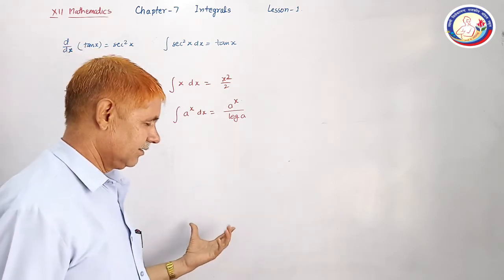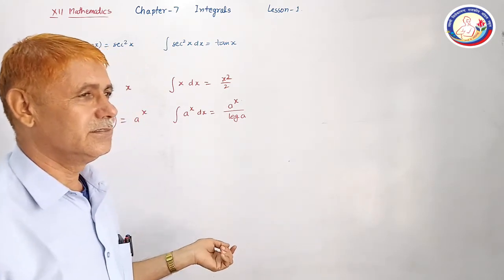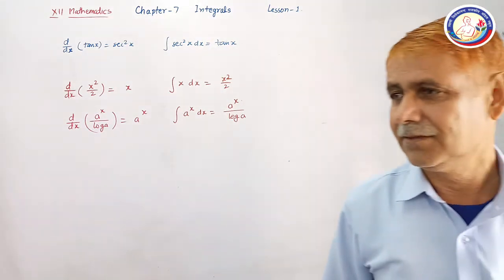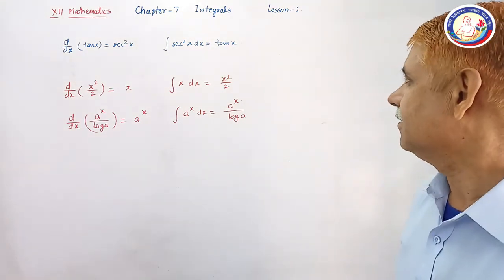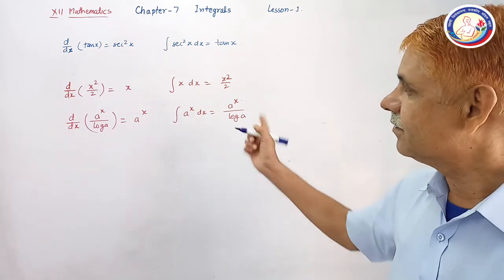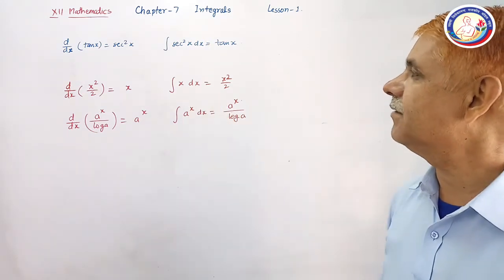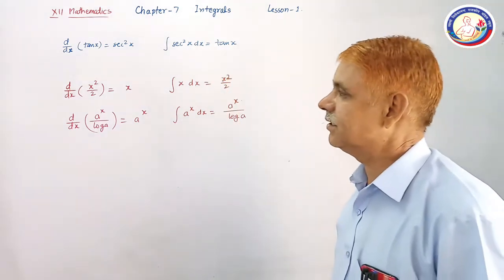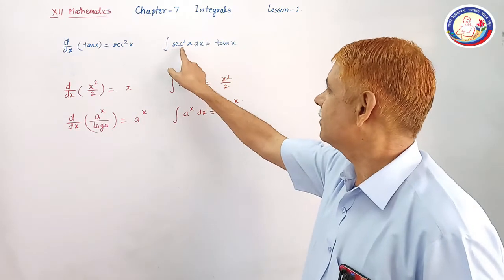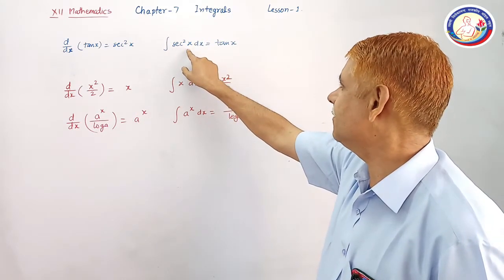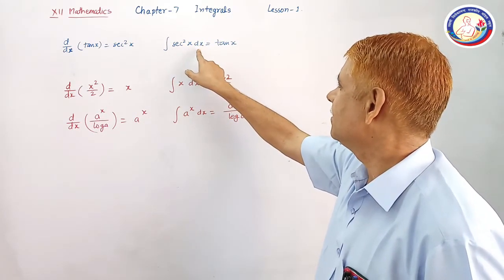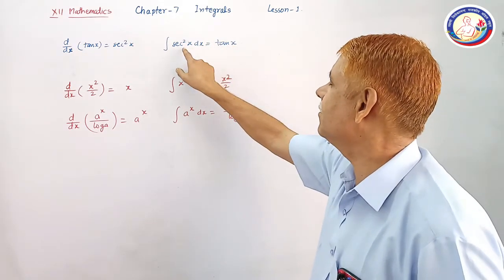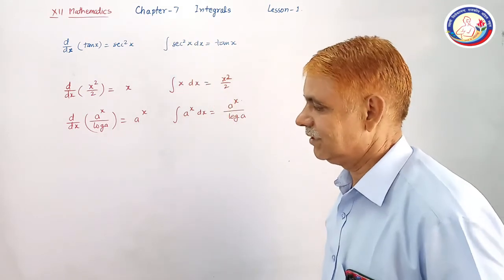So, integral is the function for a given function which on differentiating with respect to the variable gives the original function. Say sec square x is a function and its integral is tangent x. It means if we differentiate tangent x, then we obtain sec square x.